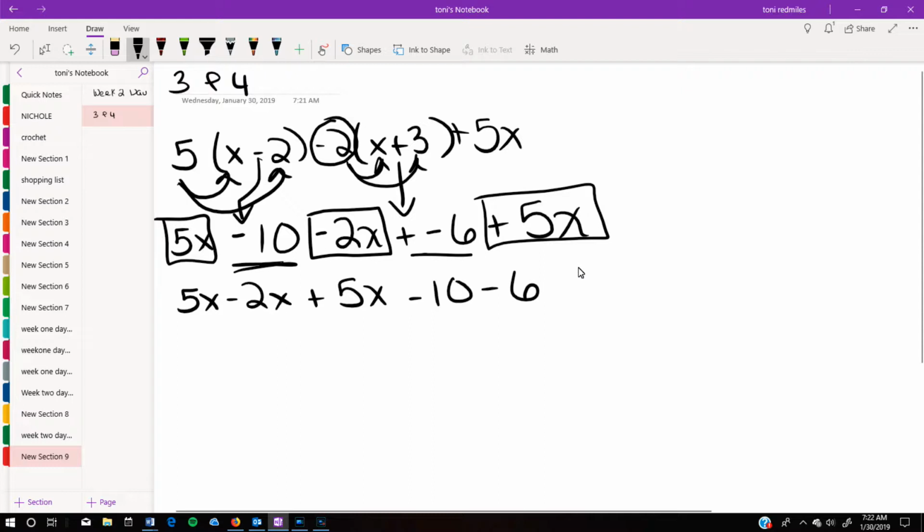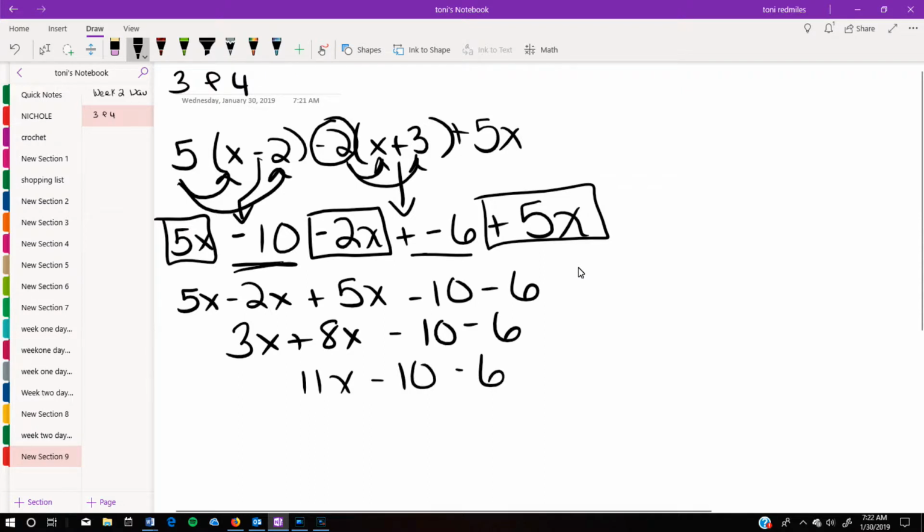All right, so if I get all these together, 5x minus 2x, I get 3x. Then if I get 3x plus 8x together, I get 11x. Now let's get those constant terms together. -10 minus 6 is going to be a -16. And I am done. Let's do number 4.